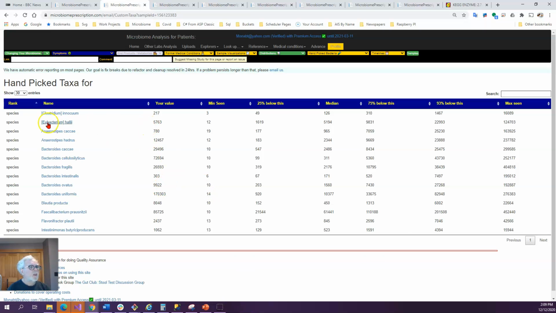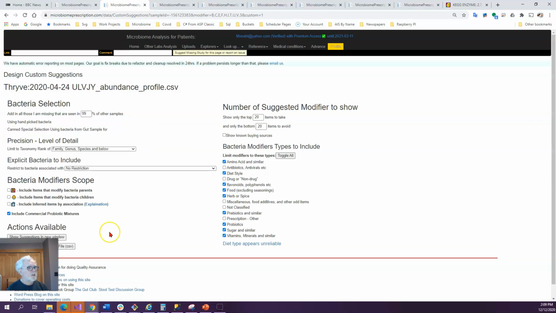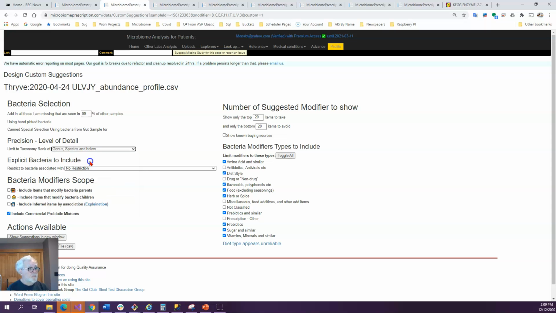So now we can go back to the handpicked taxa, and now we can go over to looking at suggestions. Basically all the bacteria we picked are at the species level and below, so you can actually reduce that if you want.